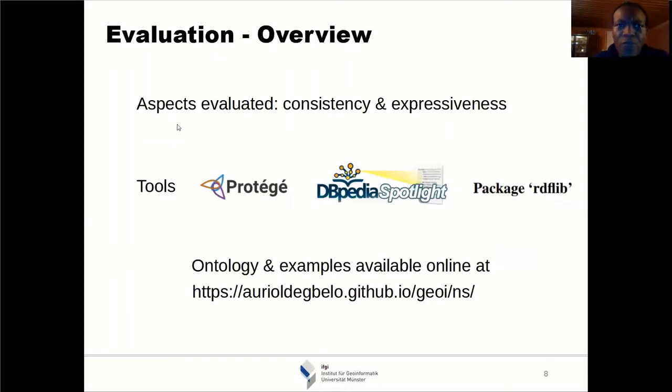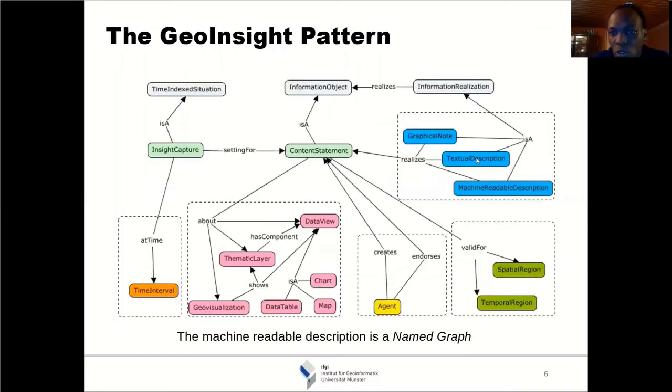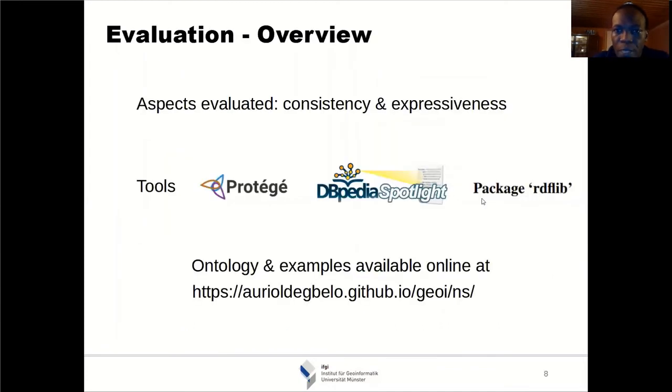Now, to evaluate, I focused on aspects of design, namely consistency and expressiveness. I've used Protégé and the HermiT reasoner to evaluate consistency. DBpedia Spotlight, I use it to do the translation between textual and machine readable description. And I use the package RDFLib to do the querying using SPARQL.